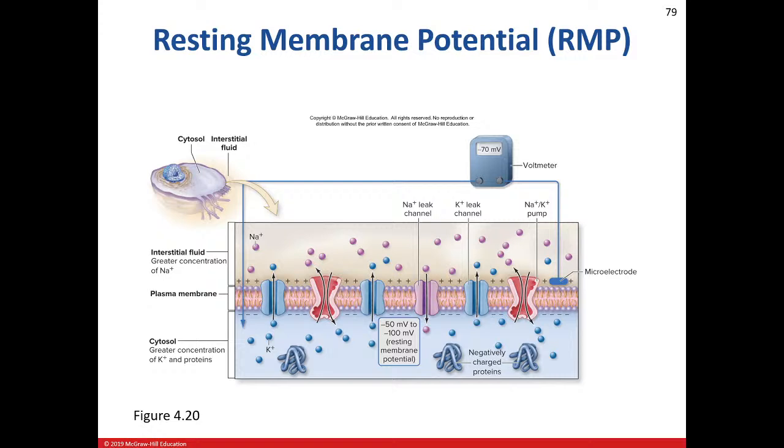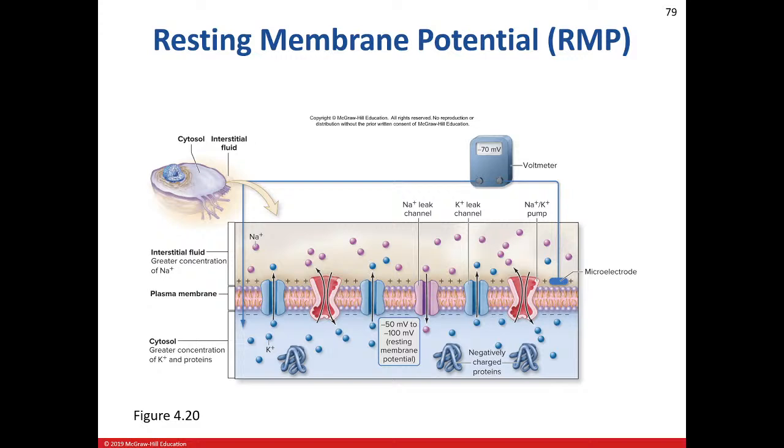To the right of that, you have the sodium potassium pump, which is pumping out sodium and pumping potassium back in. All right. Then you have another potassium leak channel, then a sodium leak channel, then another potassium leak channel. By the way, K is potassium, Na is sodium. All right.